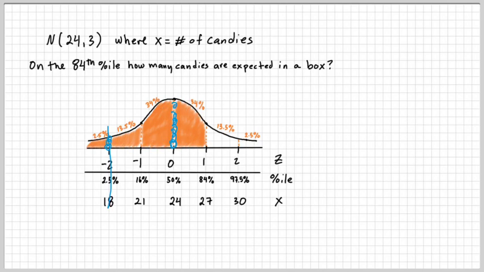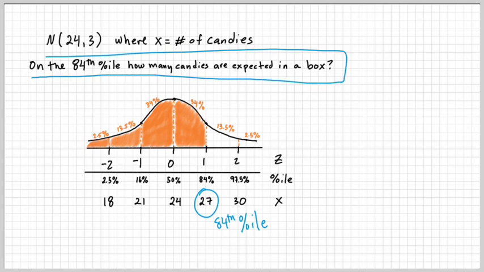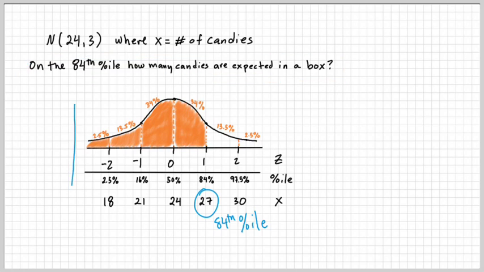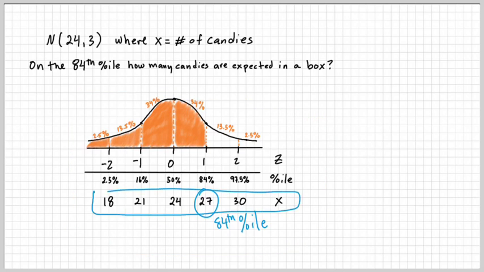I know we're going a little bit farther, or should I say further, from the topic. So 27 is at the 84th percentile. See that? Again, on the 84th percentile, how many candies are expected in the box? If we look at our template that we filled out, remember we filled out the random variable x.